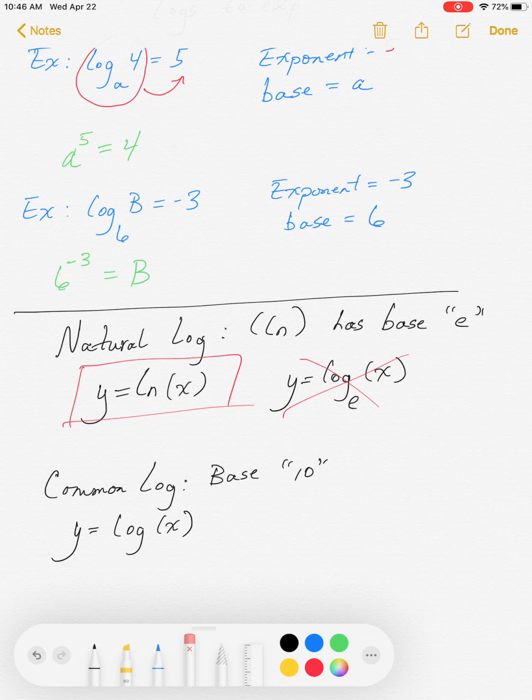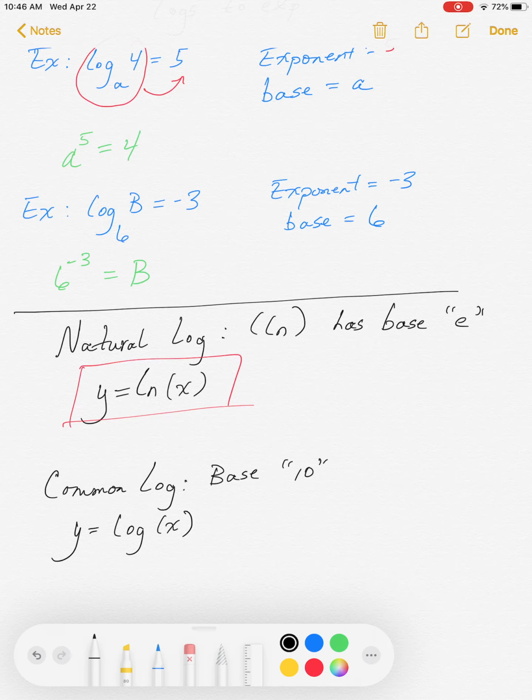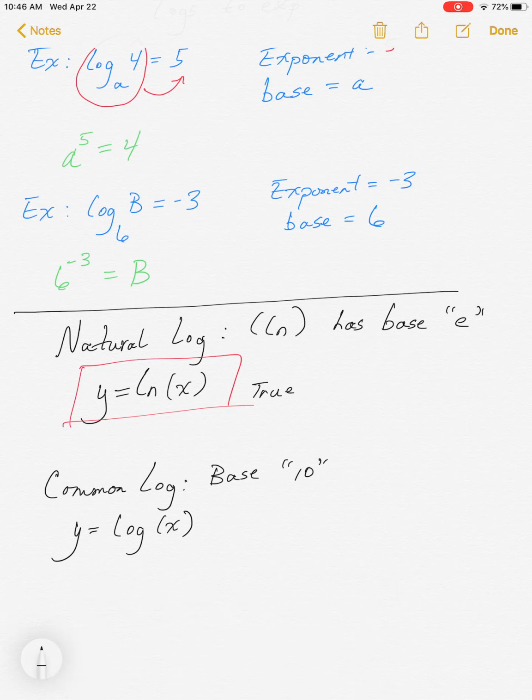And to note, all this is writing out a conversion. This is true if e to the y, which is the exponent, equals the expression, and this is true if 10 to the y equals that guy.